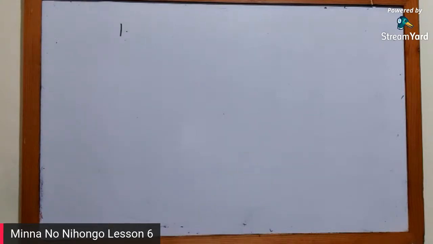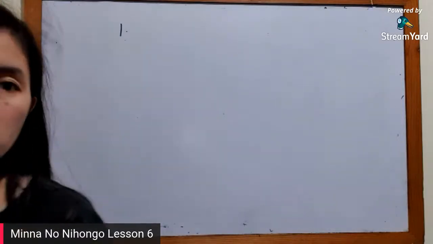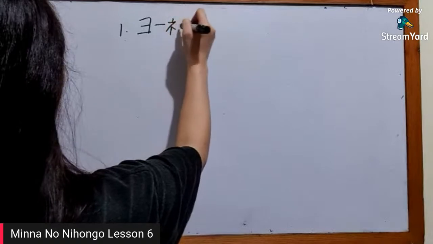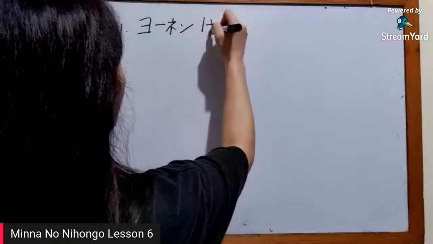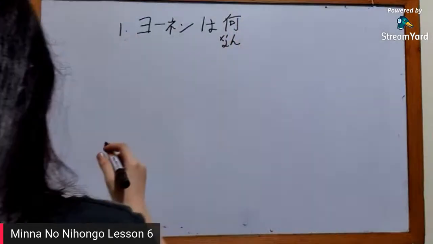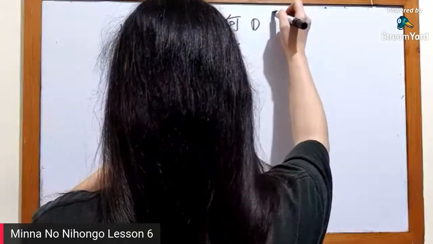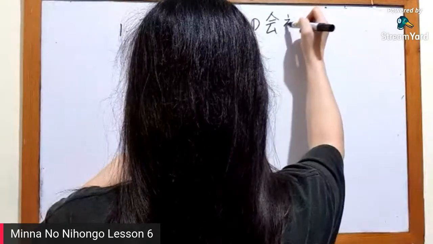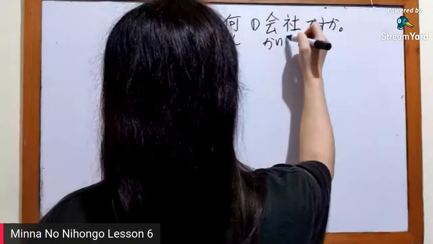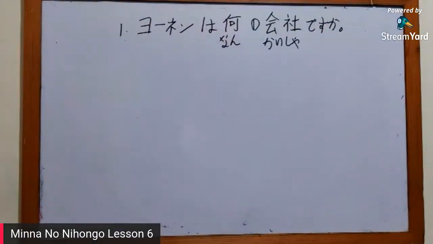We have here wa, kaisha, ka, yonen, no, nan. Okay. I will just put the answer. Yonen wa nan no kaisha desu ka?